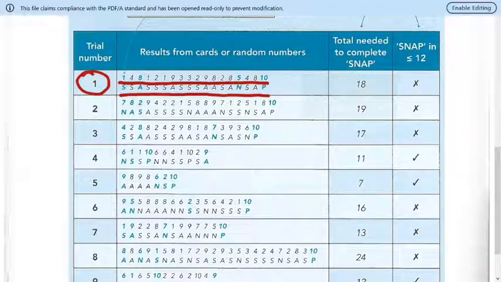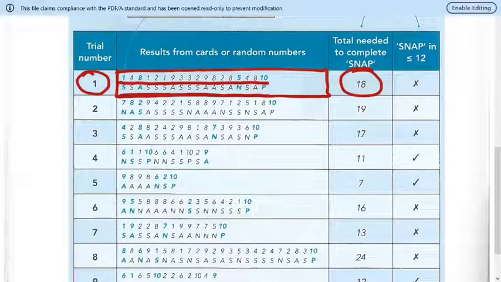So that big chart that we made yesterday becomes just one line of this new chart. Okay? So it's just all the random numbers that you got and what they correspond to. Right? Then they totaled up how many random numbers that was. And remember, our goal was to get SNAP in less than or in 12 or fewer tries.